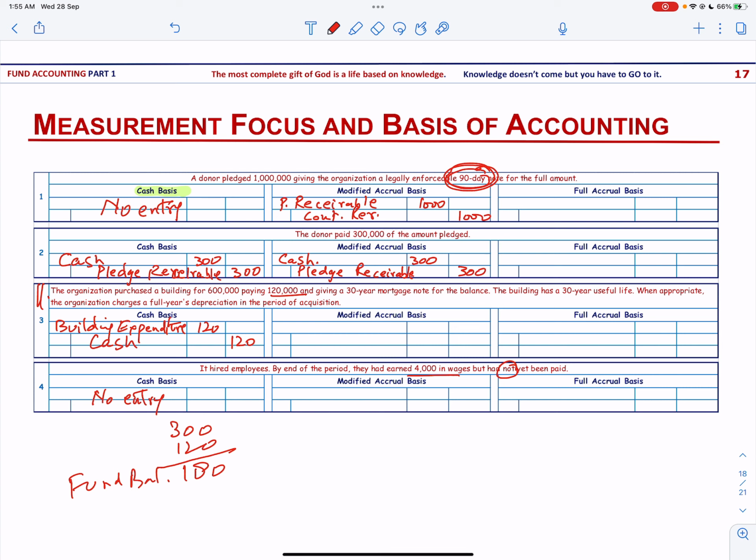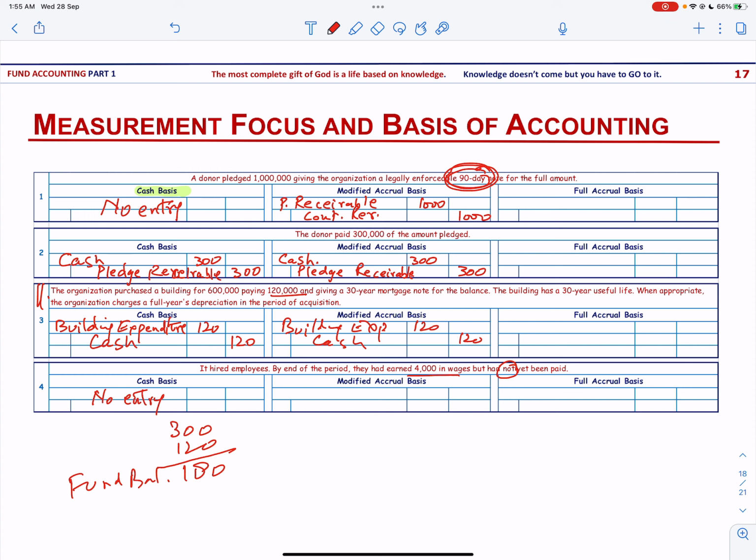Then in transaction number 3, again there is a building expenditure, debit by 120 and cash is credit by 120.